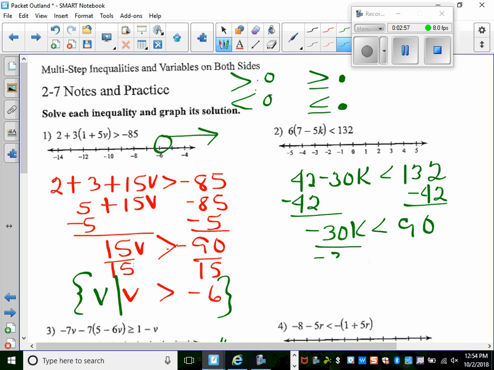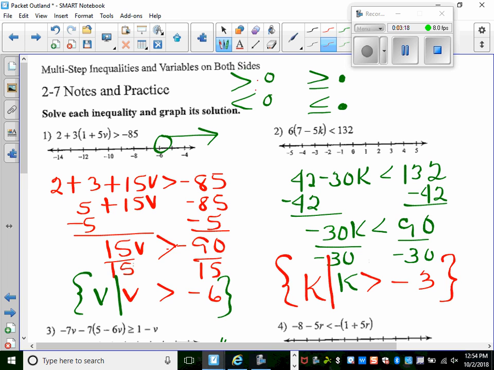So if you recall, if you divide by a negative, who remembers what to do? Yes, you flip the sign. So now I'm going to write k is greater than negative 3. Okay, so we'll put it in set builder notation, put our bar, write the variable again, and put the set brackets.